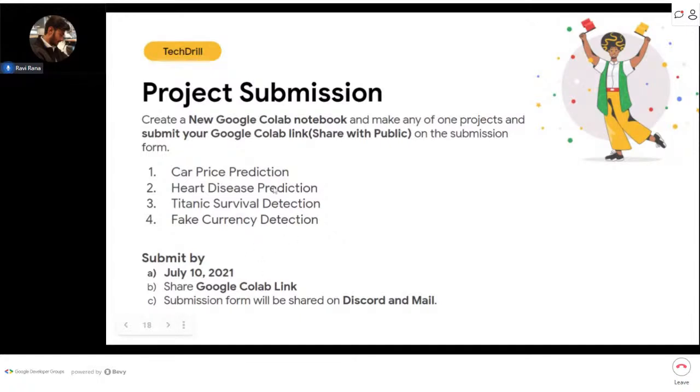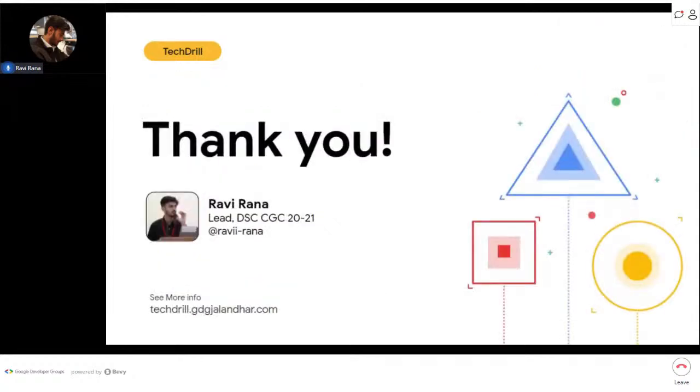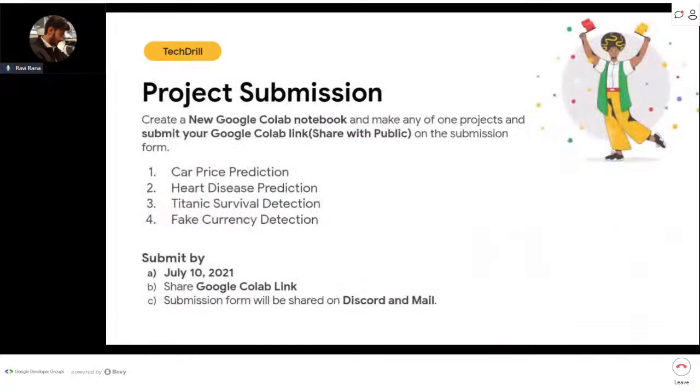Make sure the link is publicly shareable, and submit the project by 10th of July. You have ample time. Please share the Google Colab link. The submission form will be shared on our Discord channel and also in your respective email IDs.